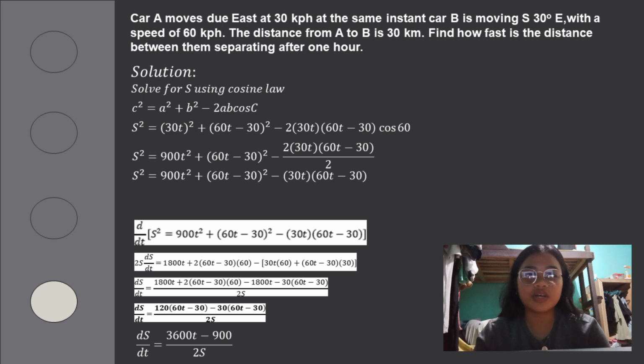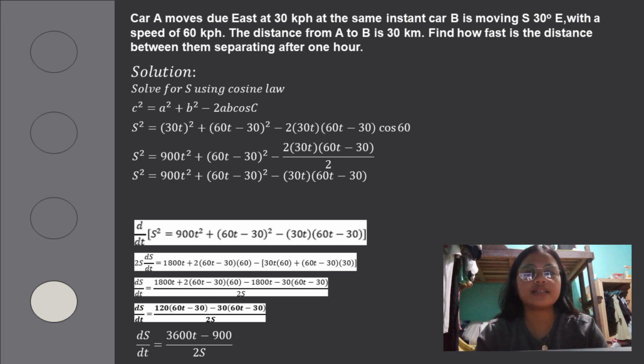So we just subtract, multiply, or add. ds over dt equals 1,800t plus 2 times (60t minus 30) times 60 minus 180t minus 30 times (60t minus 30), over 2s. So, ds over dt equals 120 times (60t minus 30) minus 30 times (60t minus 30) over 2s.